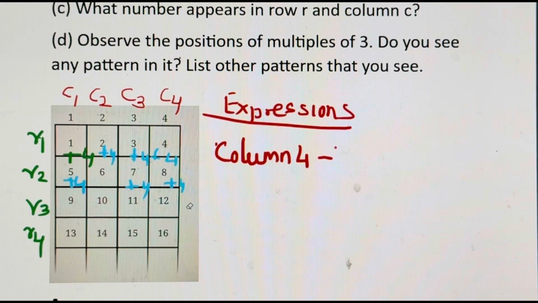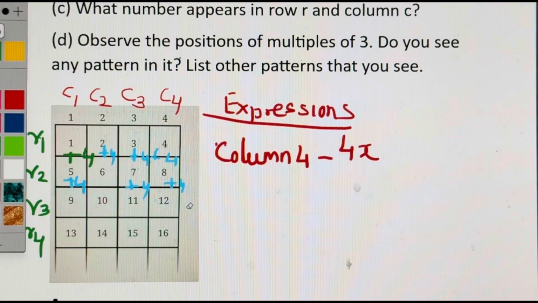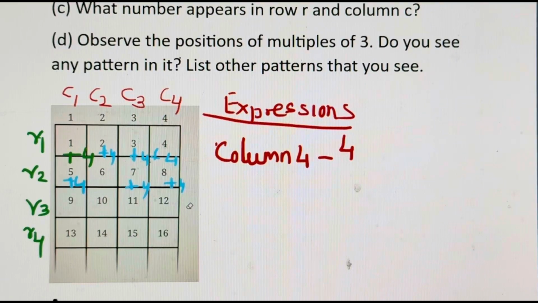So we can take the expression as 4x, where x is, or we can write it as r, because r is the number of rows. So column 4 is 4r. If it is the first row, then 4 into 1 is 4. If it is the second row, 4 twos are 8, and it goes on like that.